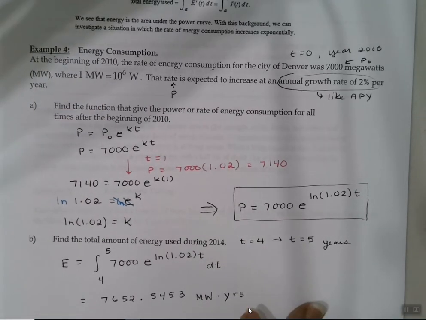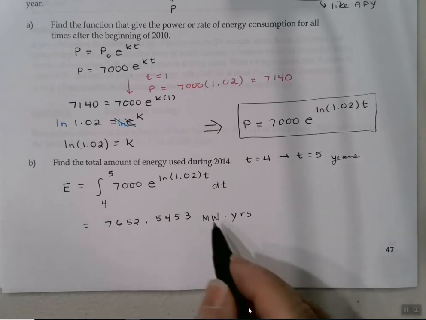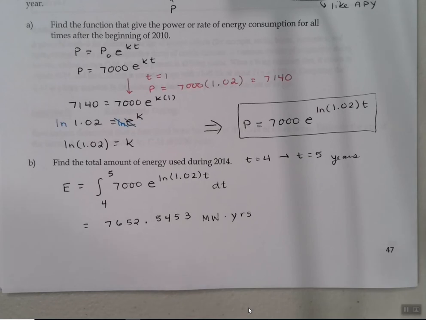Not our usual units. If we actually wanted to convert this to kilowatt hours to see what the city of Denver is using in that year and think about what their electric bill might be collectively, we could convert our 7652 megawatt years into kilowatt hours.